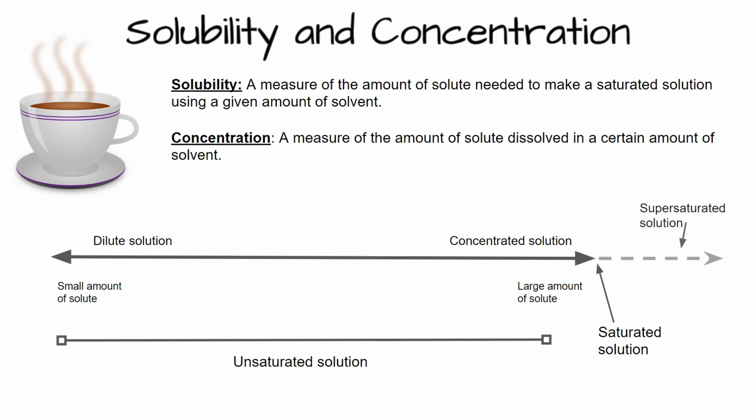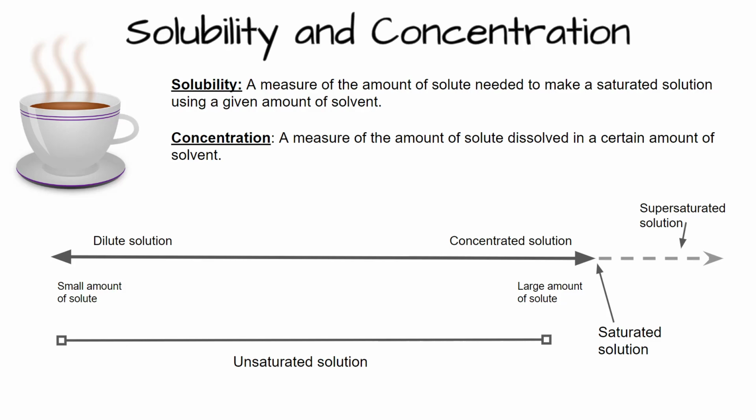A supersaturated solution is a solution that contains more dissolved solute than a normal saturated solution under the same conditions should be able to hold. If additional solute or a crystal is added to a supersaturated solution, crystals will begin to form in this solution.